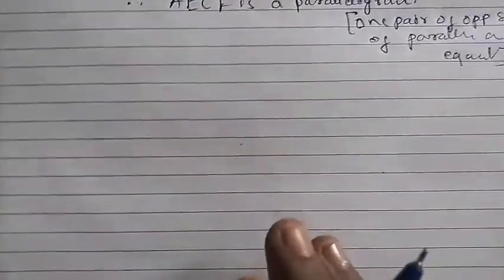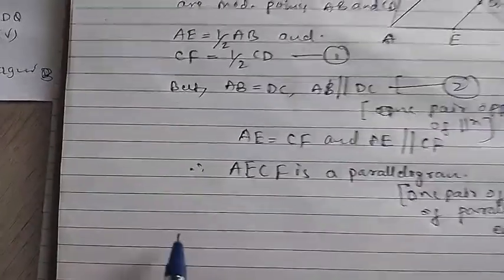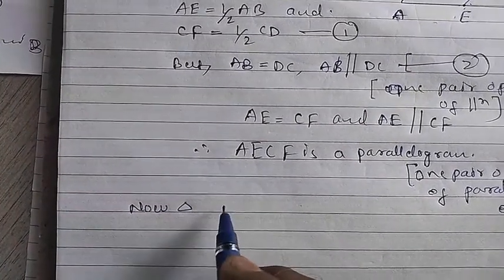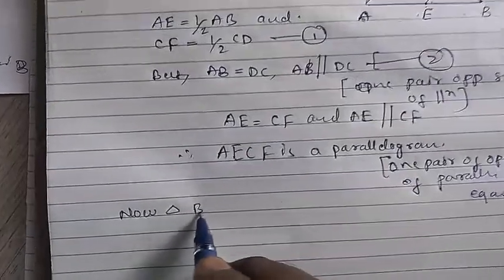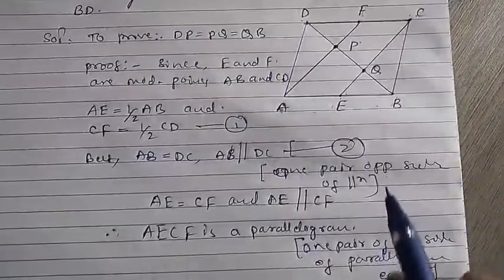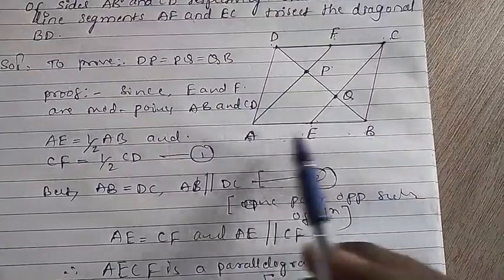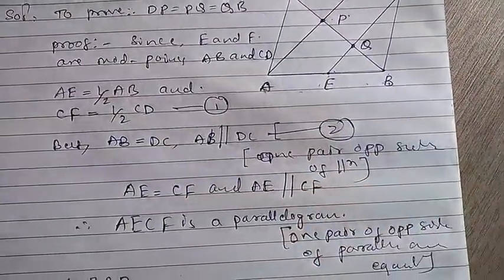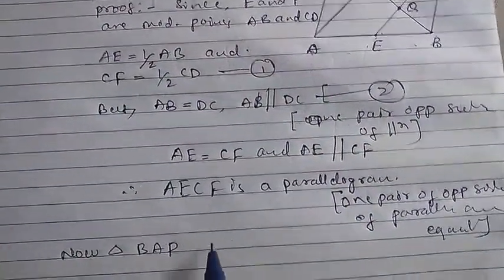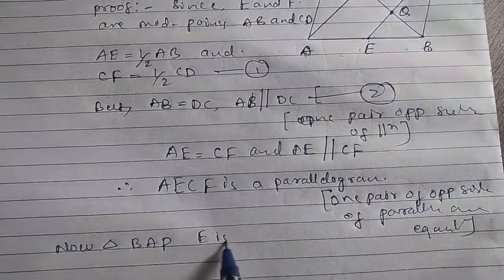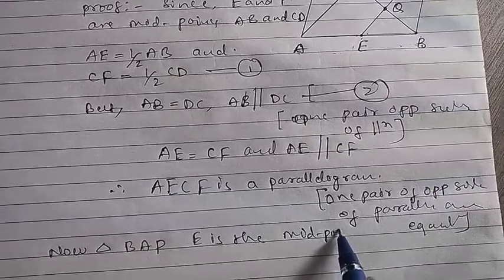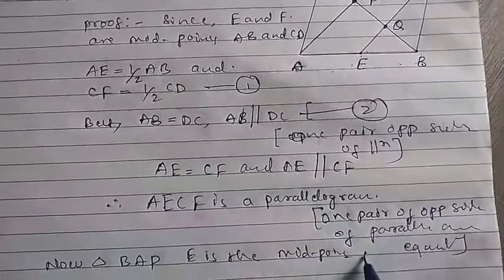Now, similarly, in triangle BAP, see, in triangle BAP, correct? E is the midpoint of AB, correct?